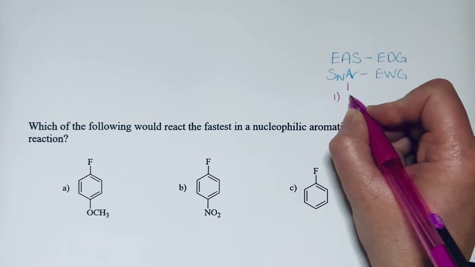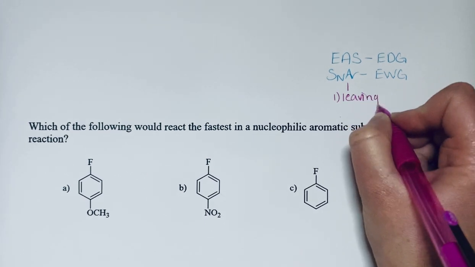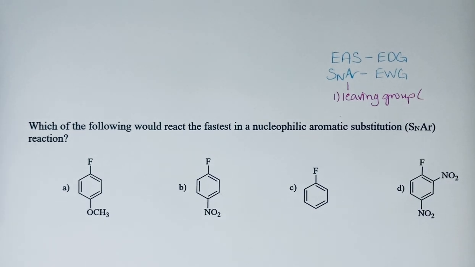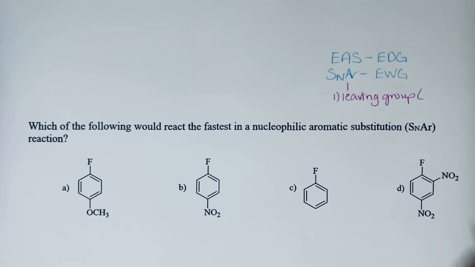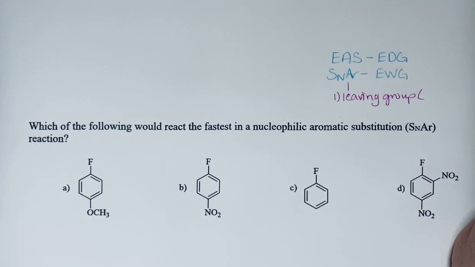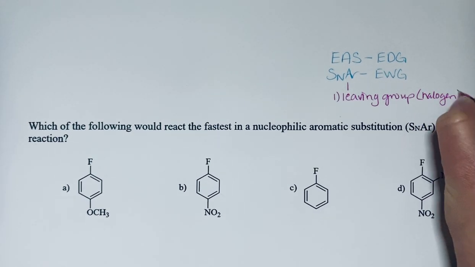This is one criterion, that the ring has to have a leaving group. And that leaving group is typically a halogen. In this case, we are using all examples with fluorine, which can actually be a leaving group in an SNAr reaction, which is not what we're used to seeing. That doesn't work with SN1 or SN2. So it can be a halogen.